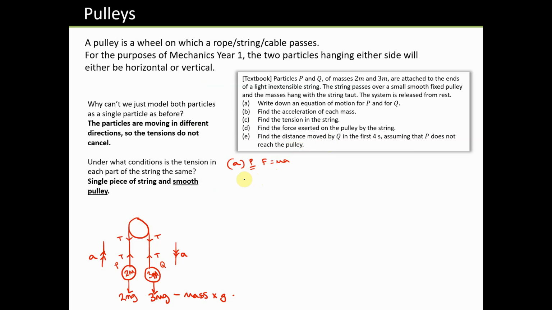So for P, I would resolve upwards because P is moving upwards. So when I resolve upwards, I do the forces that go upwards, which is tension, subtract the forces that are going downwards, which is 2mg. That's going to get me my resultant force. And then mass times acceleration is just 2m for the mass and a for my acceleration.